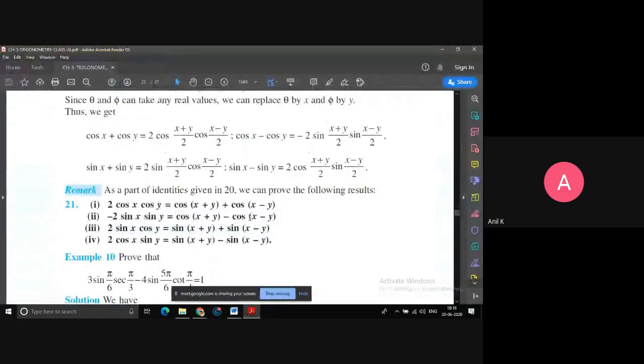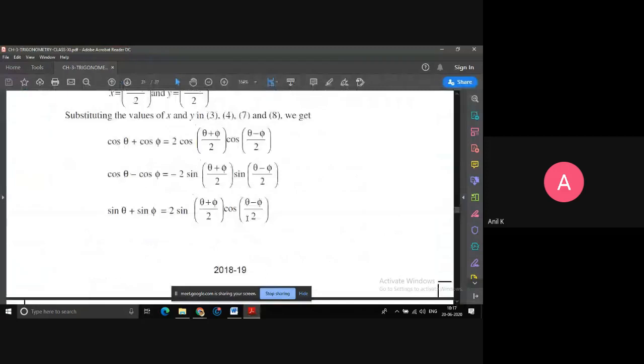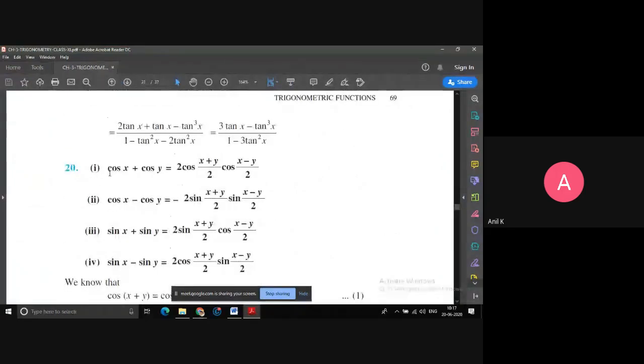Now, observe the identities carefully. Which identity do I have to use? If the sum of two trigonometric functions is given, if you observe all these four sub-identities, the sum or subtraction of two trigonometric functions, cos x plus cos y, or cos x minus cos y, can be converted into the product of two trigonometric functions.